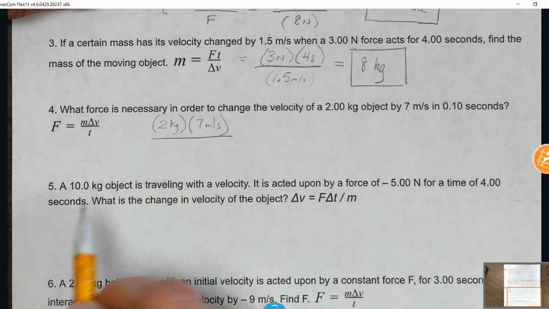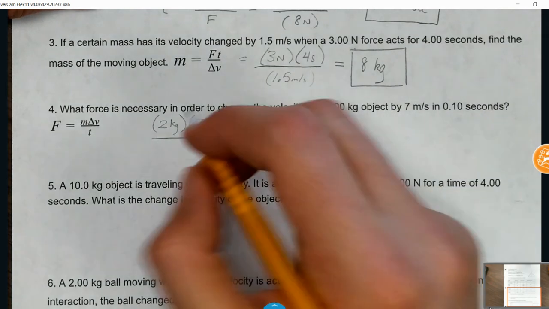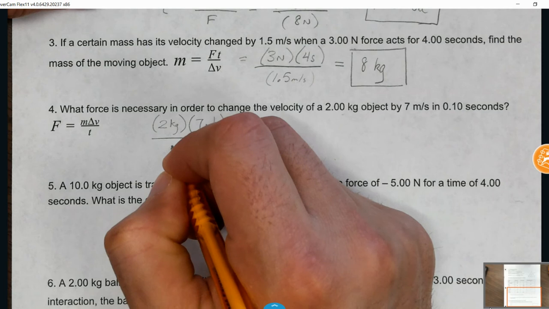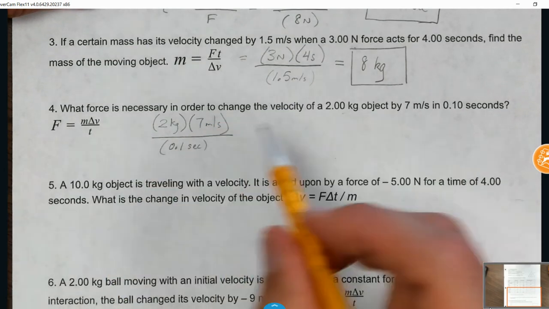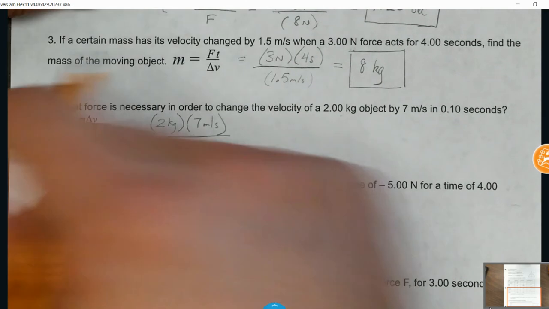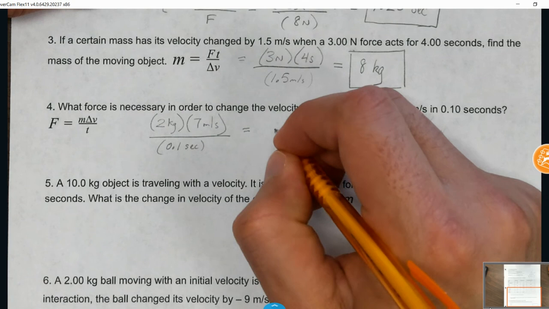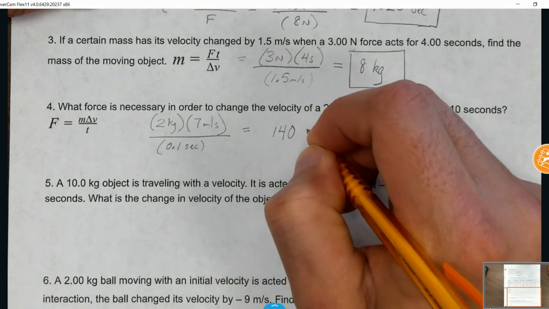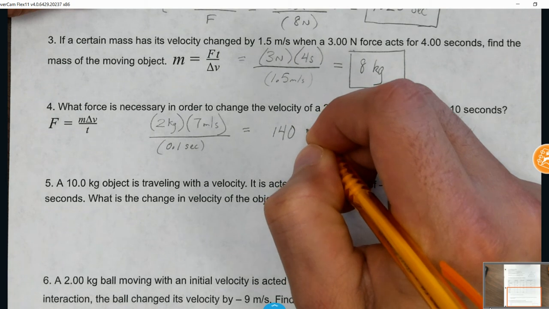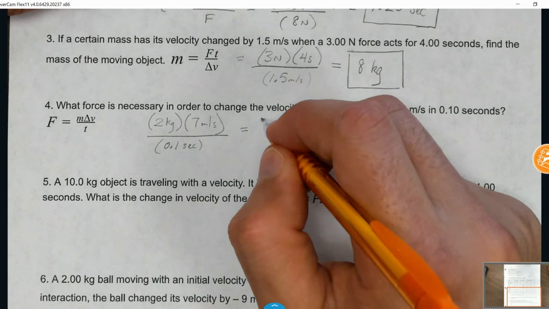And the last thing was over the time. So the time was 0.1 seconds. So 14 divided by 0.1 is going to be 140. What's the unit for force? Good, newtons.